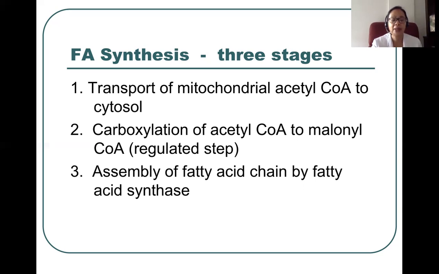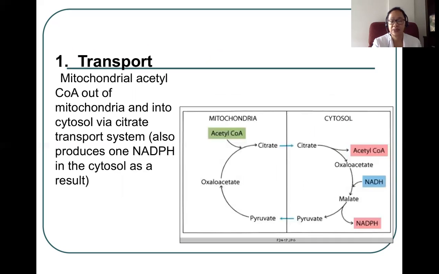The third is the assembly of the fatty acid chain by fatty acid synthase.